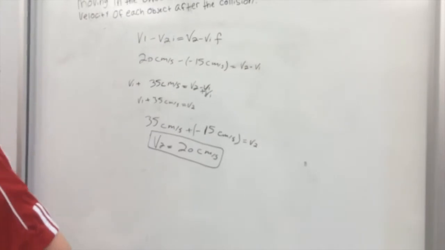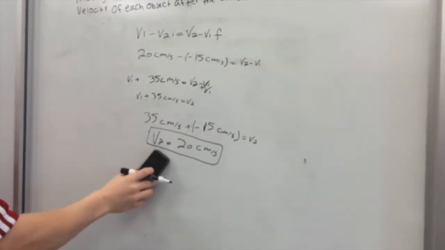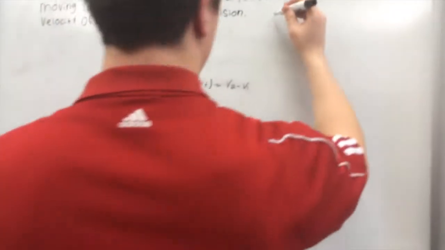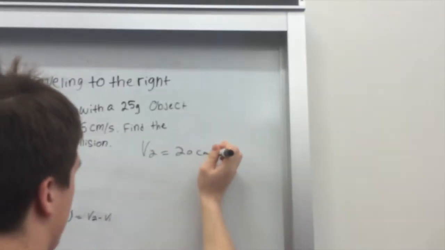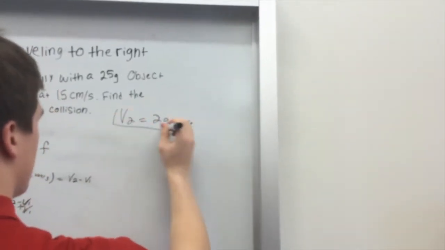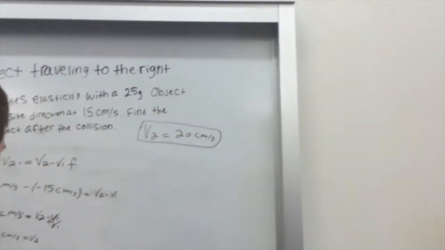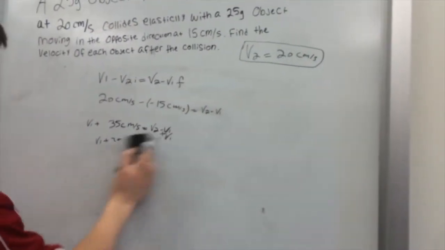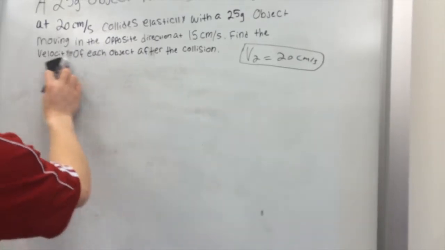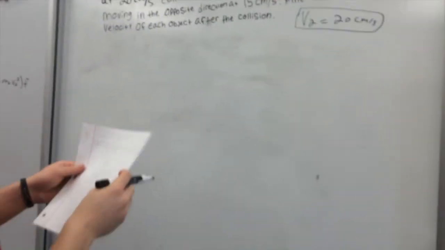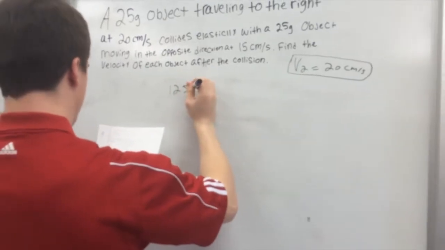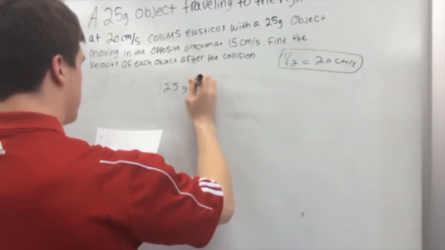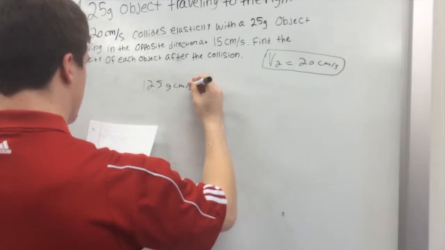So we got V2 equals 20 centimeters per second, and so 125 centimeters per second.